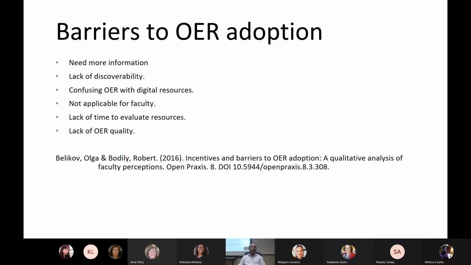The third thing is confusing OER with digital resources. This is very important because OER are restricted or allowed under the Creative Commons license. Creative Commons licenses have certain characteristics, and you can understand this is OER material. But for example, if you get a textbook from the internet and it's accessible, anyone can access it, but this book has a copyright issue.